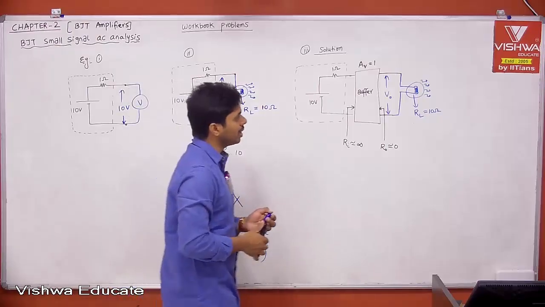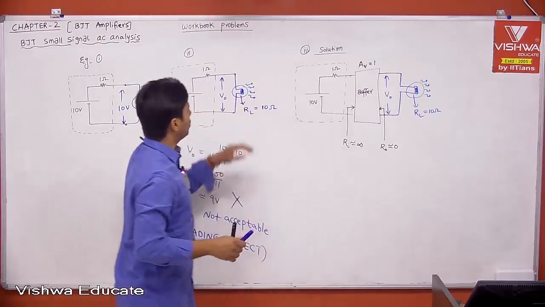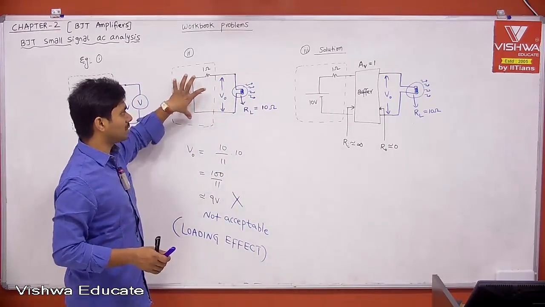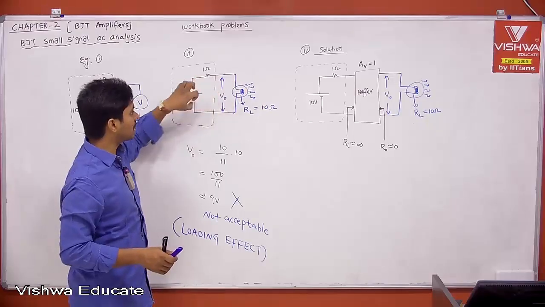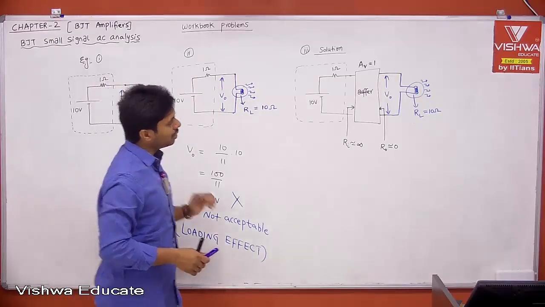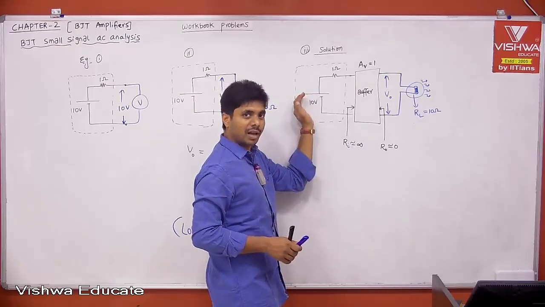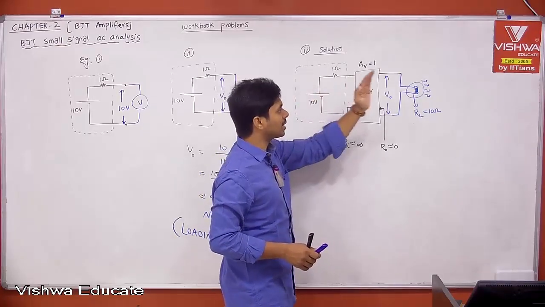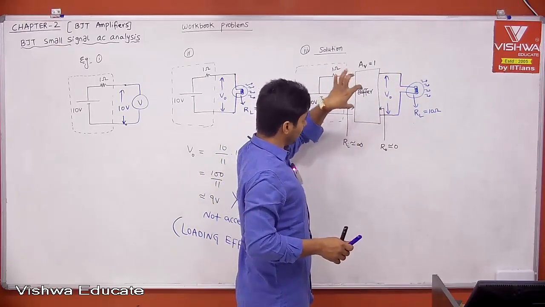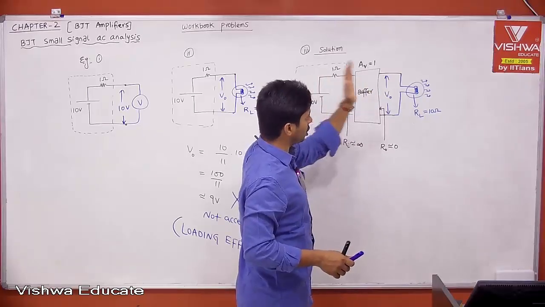Now tell me, earlier the load was directly connected to your source. But now the load is not directly interacting with the source, and the source is not directly interacting with the load. There is something in between which is doing isolation.